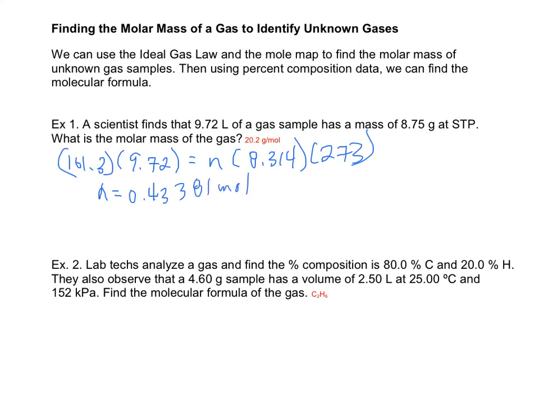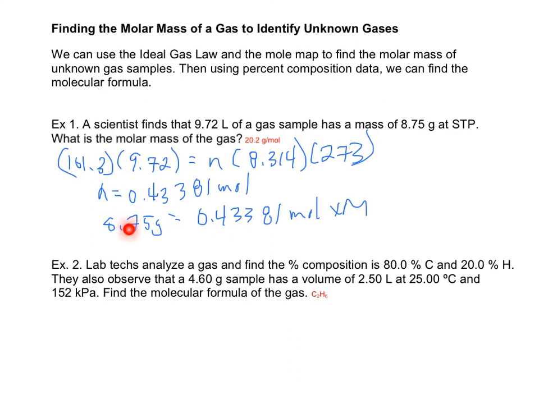I can then use the mass equals moles times molar mass equation from Unit 3 to determine the molar mass of this gas. The mass of the sample is 8.75 grams, and I know how many moles it contains. So the only thing I'm missing is the molar mass of the gas. I can rearrange that.